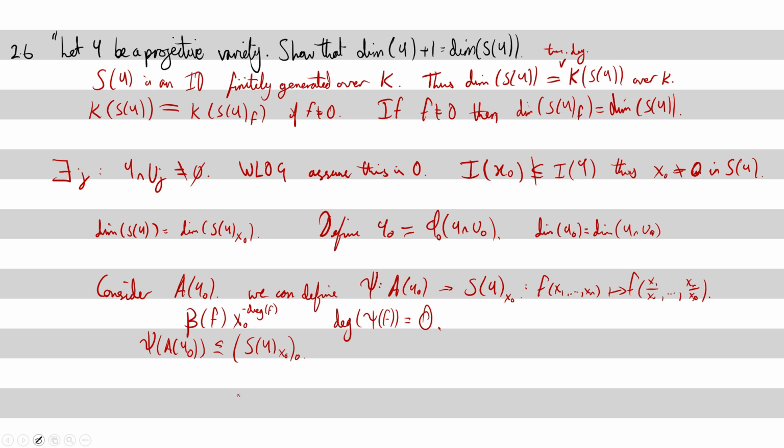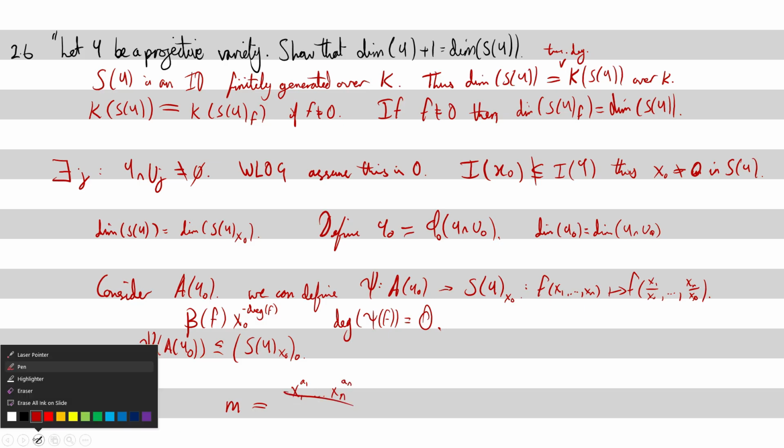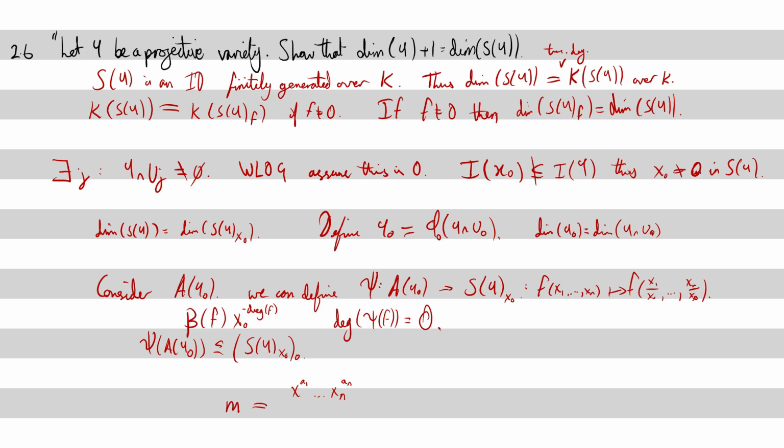Now, this is additively generated by the monomials m of the form x1 to the a1 dot dot dot xn to the an, all over x naught to the a1 plus dot dot dot plus an, which is equal to x1 over x naught to the a1 multiplied by dot dot dot multiplied by xn over x naught to the an, which is equal to the image of the element x1 to the a1 multiplied by dot dot dot multiplied by xn to the an.